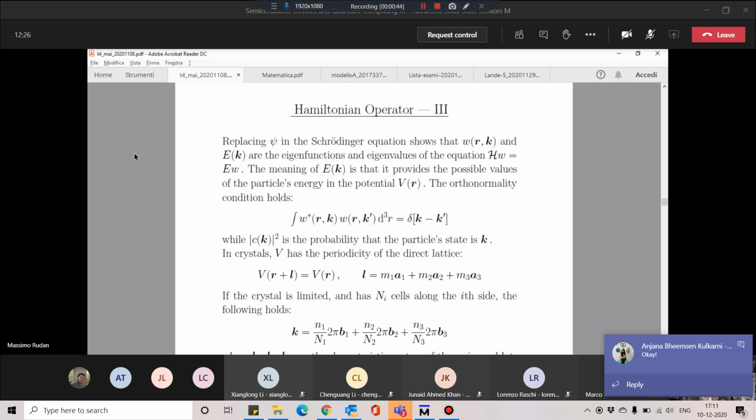The exercise of today is related to the solution of the Schrödinger equation independent of time in a periodic potential energy, because it is a typical case that occurs in crystals. You remember that crystals are periodic structures.